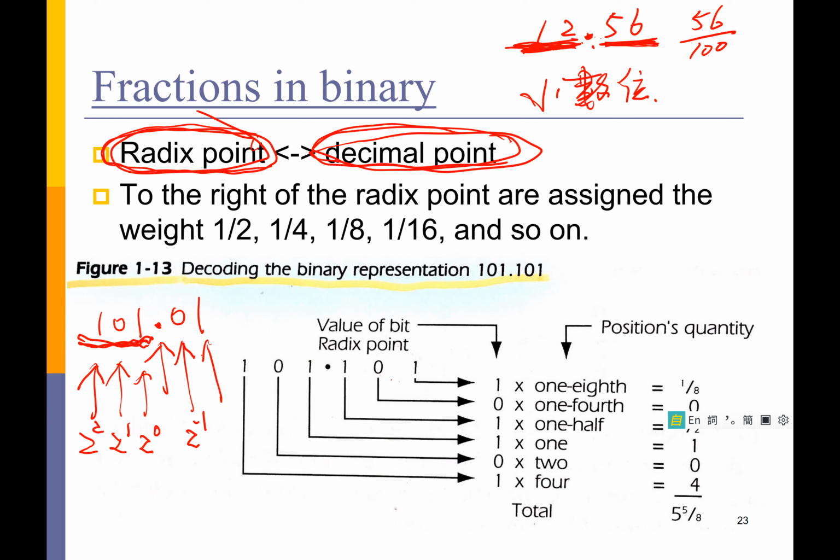And this guy, its weight is 2 to the minus 2, which is equal to 1/4. Okay, if you have a 1 here, its weight is 2 to the minus 3, which is equal to 1/8.